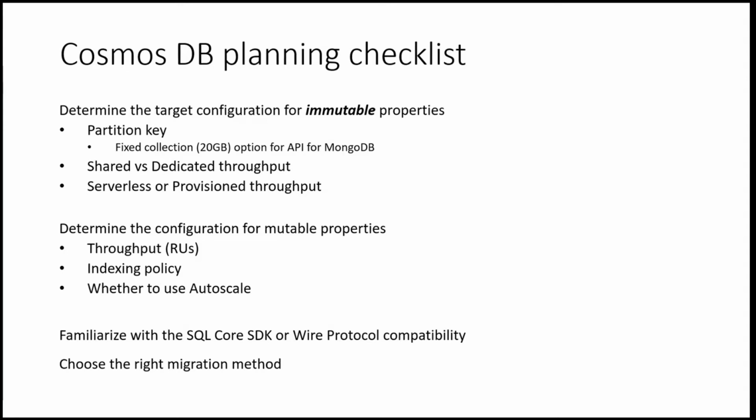So the first one is the throughput, right? So once again, throughput is measured in Cosmos DB in terms of request units, RUs. So you need to decide and estimate the right throughput for your application and optimize it later if needed.